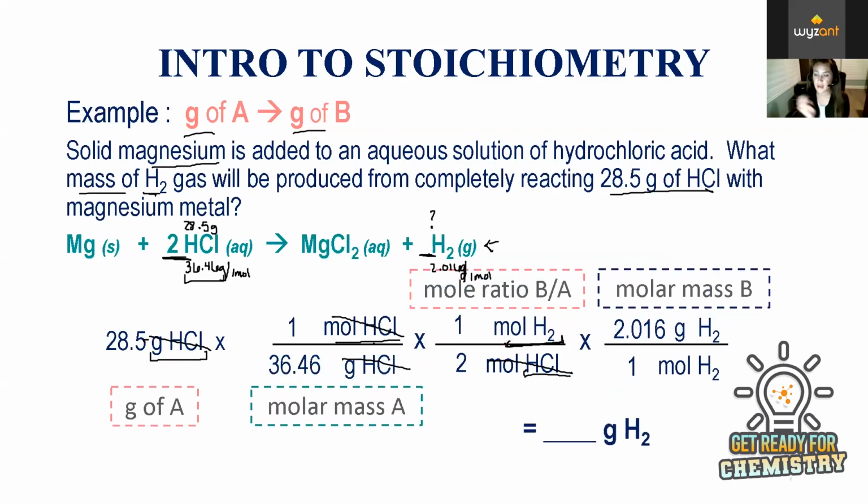You cannot go from grams of one substance to grams of a different substance without going through the mole first, because the mole relates to the balanced equation, which gives the relationships between substances. It's basically like your recipe. So moles of H2 cross out with moles of H2, we're left with grams of H2, and we get this number, the 2.016, from the molar mass we calculated in the beginning.